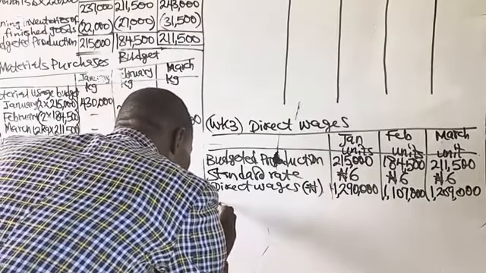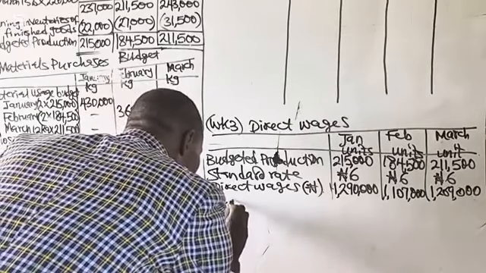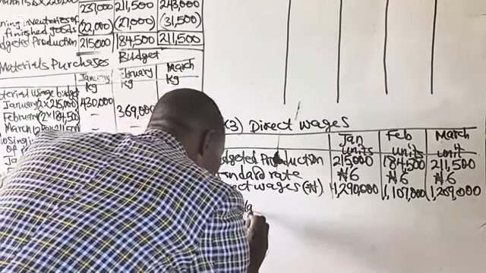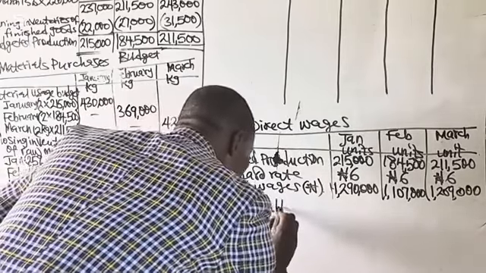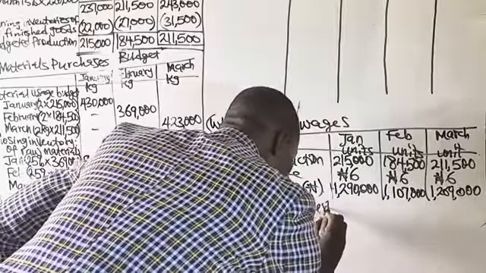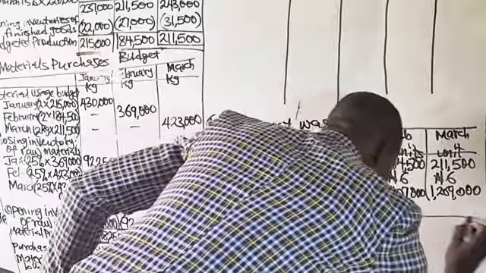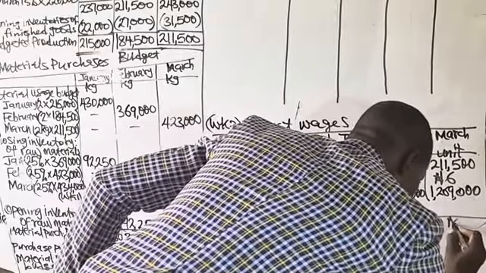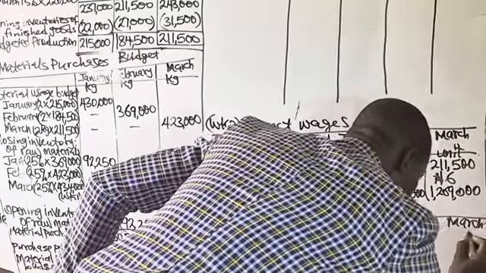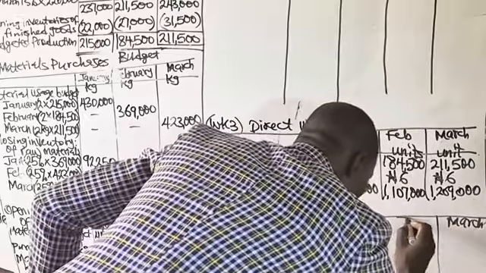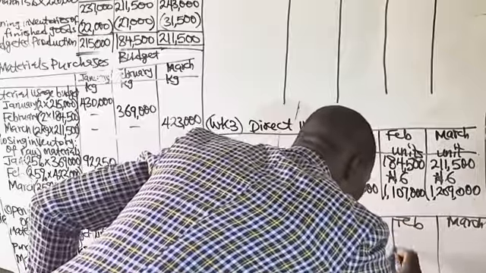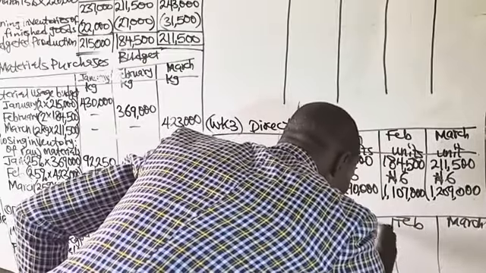Working number 4. Variable overheads. Three months are to be considered. We have March, February, and January.